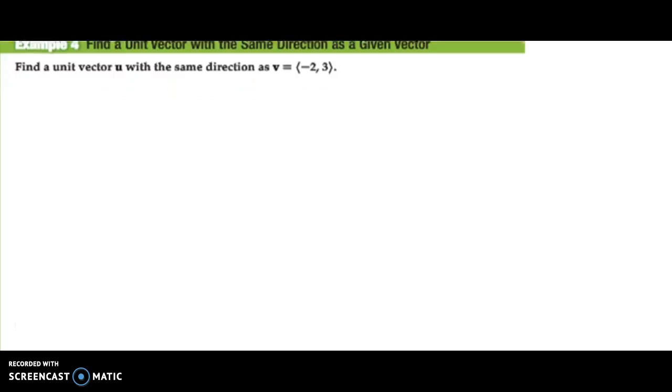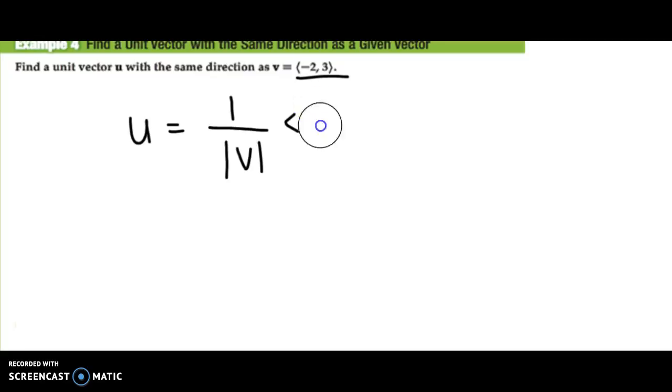So if we want to look at this one, it says find the unit vector u with the same direction as a vector v with components negative 2 and 3. Well, the equation we just looked at is this, right? 1 over the magnitude of v times the components of v, which in our case would be negative 2, 3.